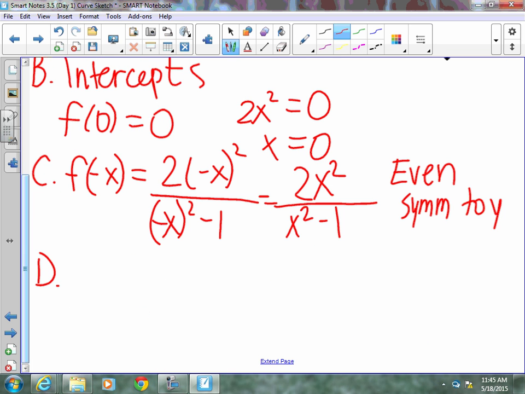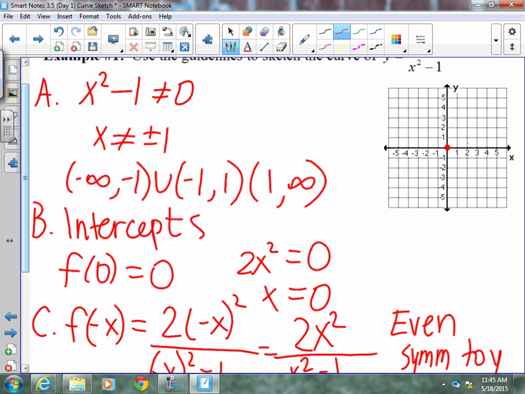Part D, asymptotes. Well, asymptotes happen where the bottom equals 0, so we have one at 1 and one at negative 1. So I can go ahead and sketch that.